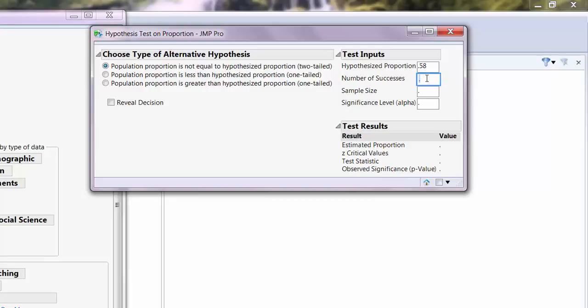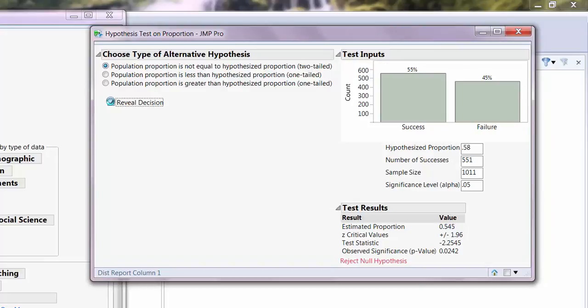The number of successes is how many people said yes, I believe there has been a change in our sample, so that would be 551 out of the 1,011 people who were surveyed. And then finally we have to input our significance level, and if you remember, this was 5%. And then we can click Reveal Decision.